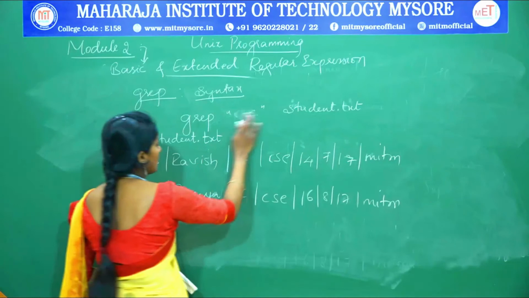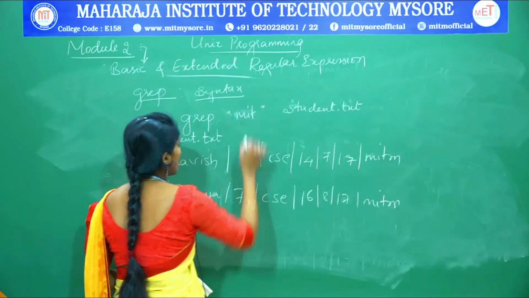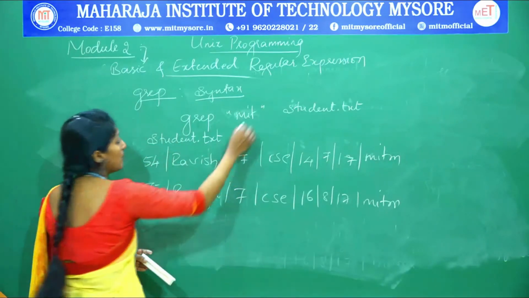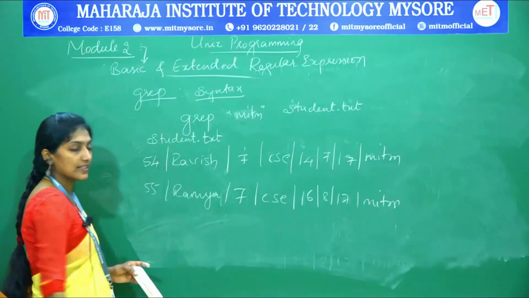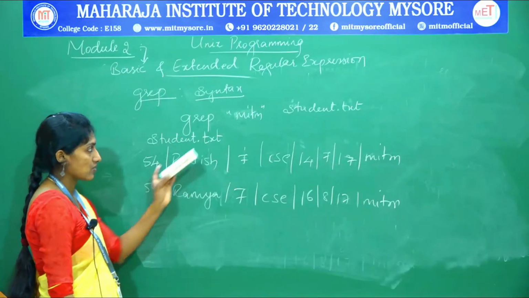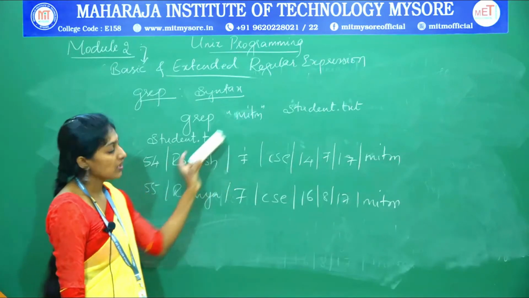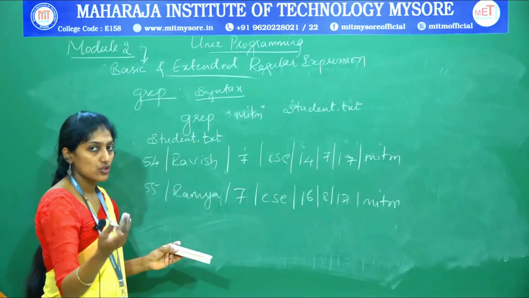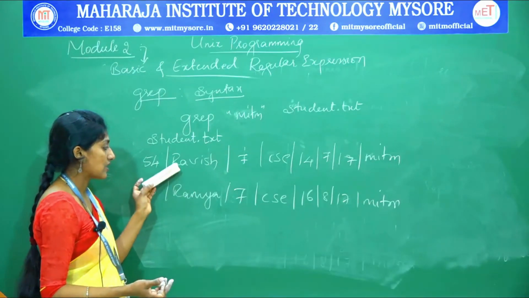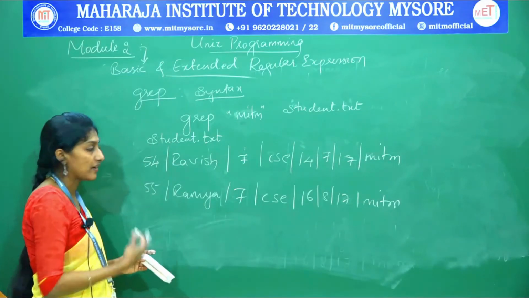Likewise, if you give MITM instead of CSE or ISC, it is going to display all the lines associated with the pattern MITM. As of now, in my student.txt file, 4 student details are there: Ravish, Ramya, Ram and Ramesh.